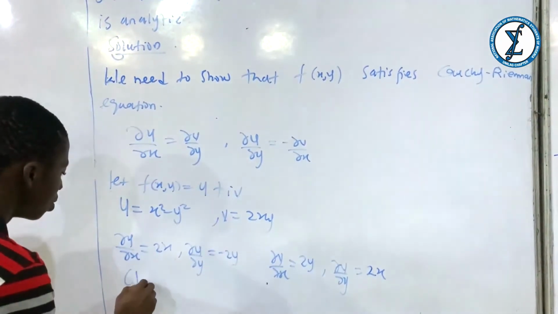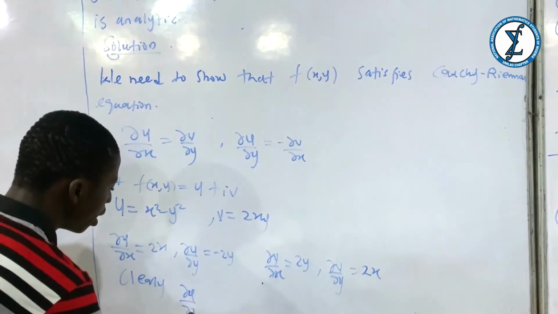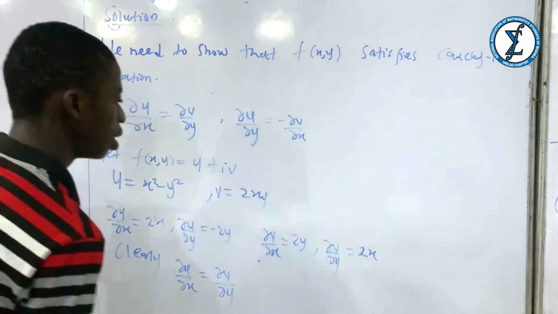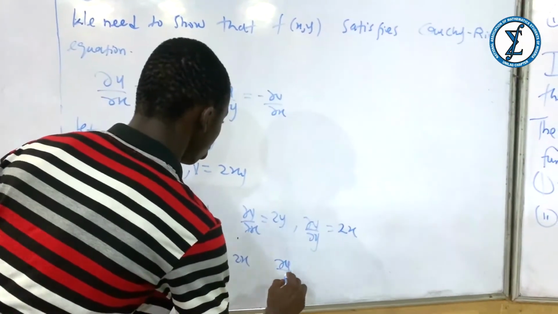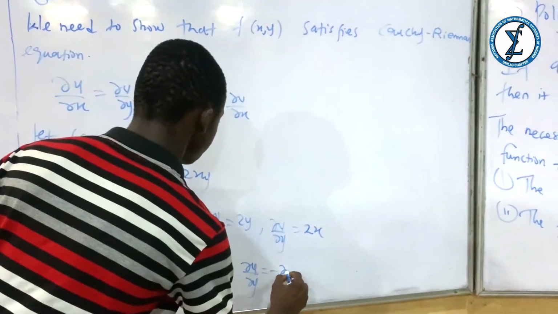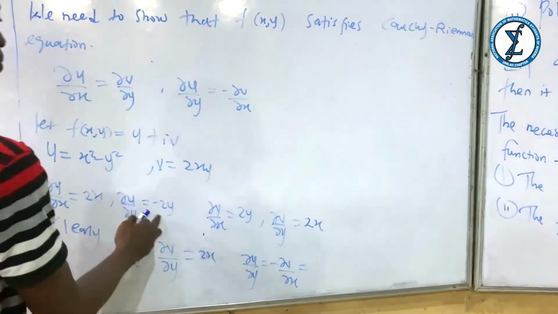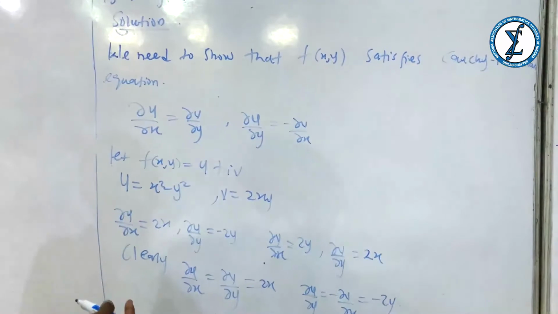So clearly du dx is equal to dv dy, and they are both equal to 2x, and du dy is equal to minus dv dx, which equals minus 2y.